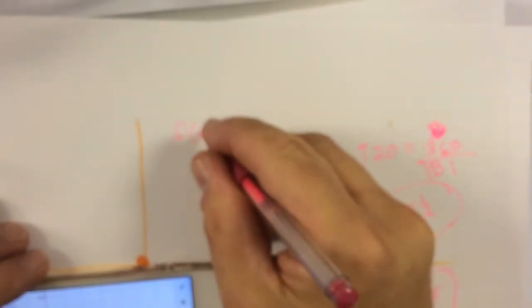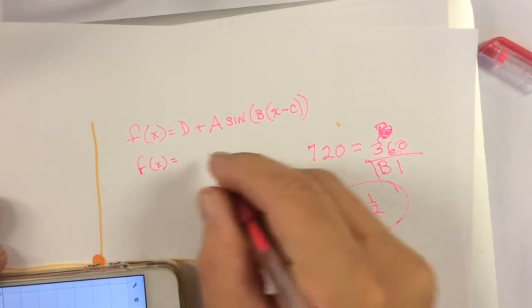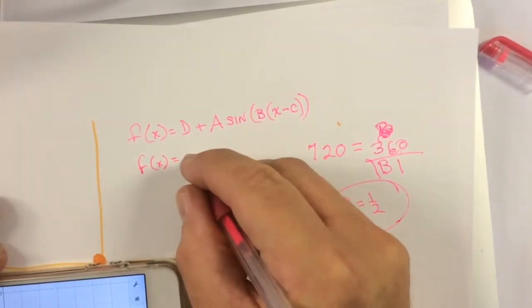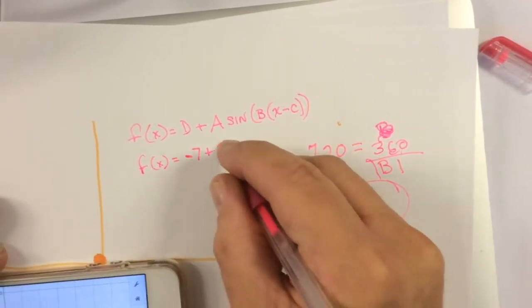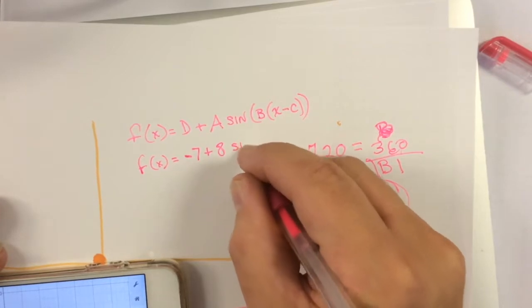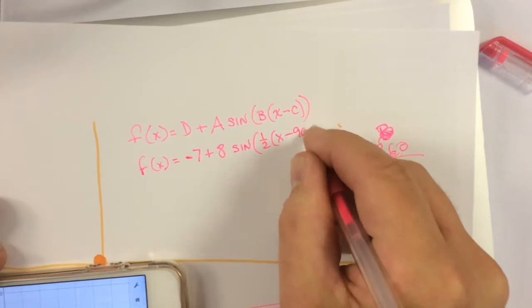F of x is equal to d plus a times the sine of b times x minus c. Is that right? Okay. And what did we just figure out? F of x is equal to -7, right? Plus 8 times the sine of 1/2 of x minus 90. Is that right?